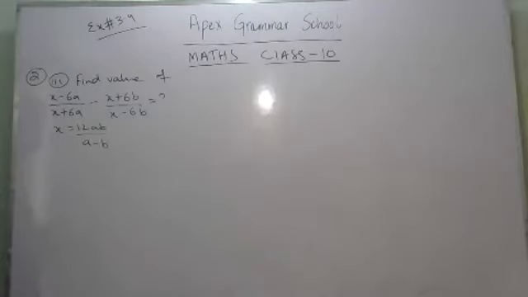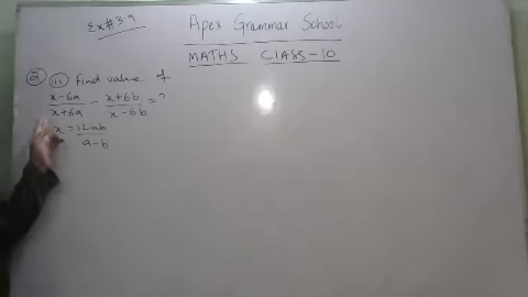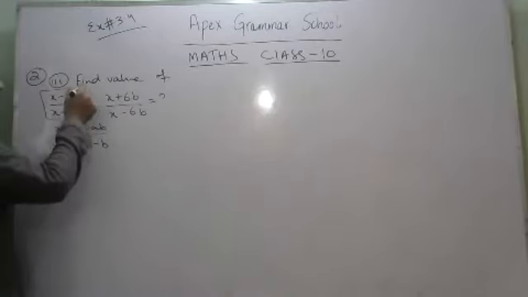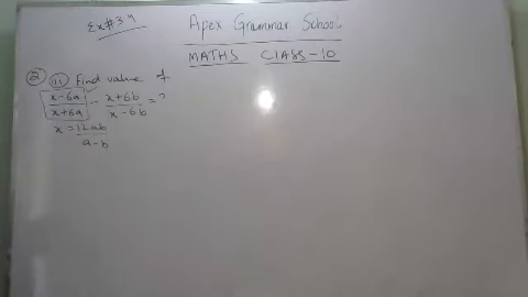So we need to find the value of x minus 6b or x plus 6b first. This one. So you can see that the componendo and dividendo theorem is applied here between x and 6a. Say x will be the numerator and 6a will be the denominator. But we can see that x is on the numerator but 6a is not on the denominator. So within the denominator, our requirement is 6a.